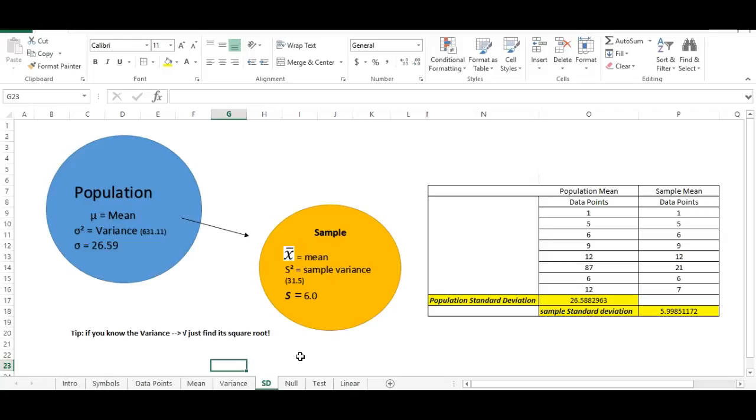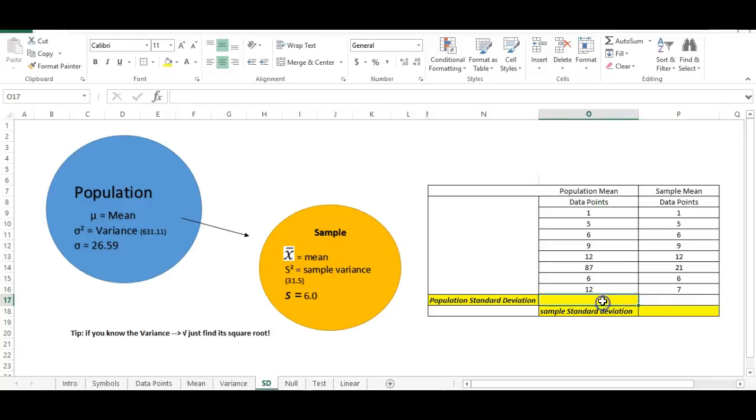There's a few ways we could calculate it, but one of the simplest ways is simply to take your variance and find its square root. If you can do that, then you can calculate very simply standard deviation for both population and sample. Or if you'd like to use Excel and you have the data, we can use the Excel functions that are available.